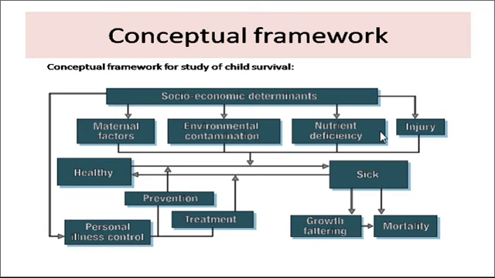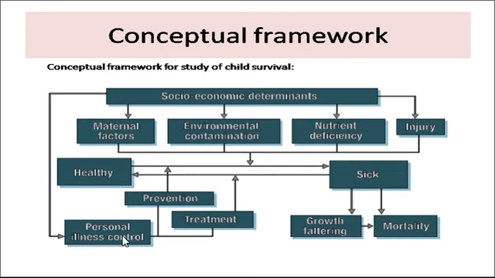Nutrient deficiency is an important factor for child survival. Then injury, if there is any injury which might happen to the child. And then personal illness control, that means what is the personal health status of that particular child and how well the child is equipped to fight certain illness, control, prevention.